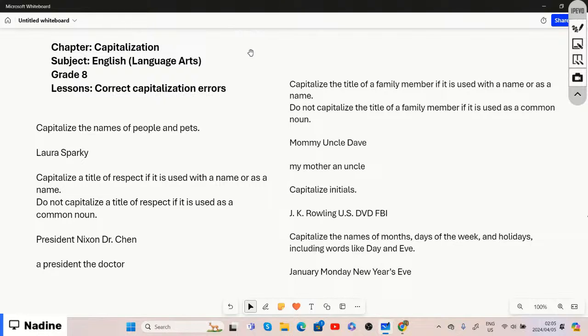We even capitalize titles of family members if they are used with a name or as a name.